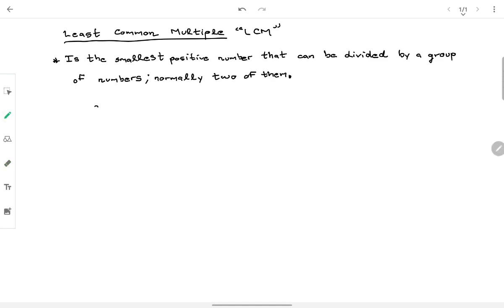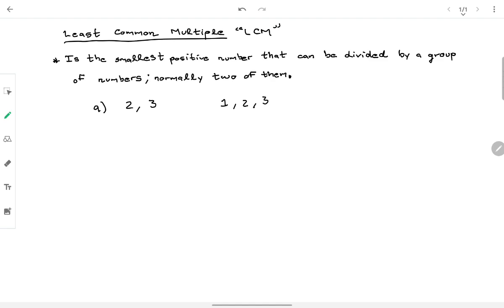Imagine we are looking for the least common multiple between 2 and 3. By definition, it is the smallest positive number that can be divided by this group of numbers, 2 and 3. So let's see all the positive numbers. Number 1 is not divisible by 2 or 3. Number 2 is only divided by 2 but not by 3.